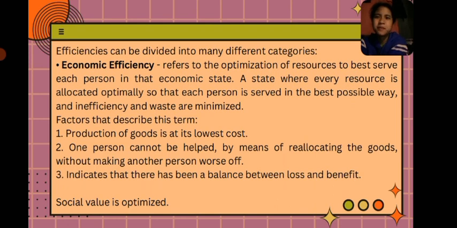So to understand it better, in economic efficiency, the social value is optimized. Economic efficiency is present if in a certain situation, social value is optimized.